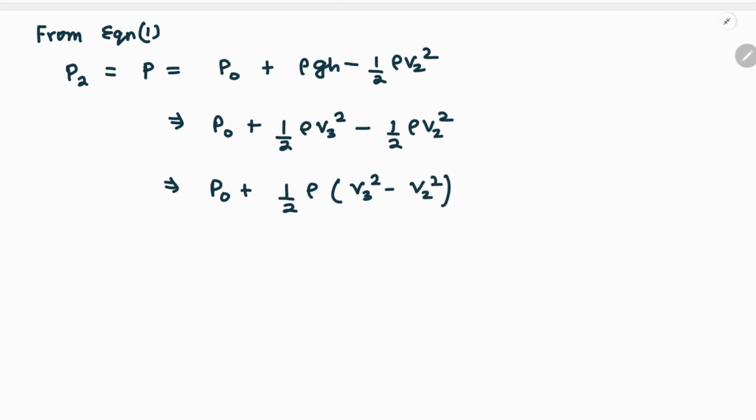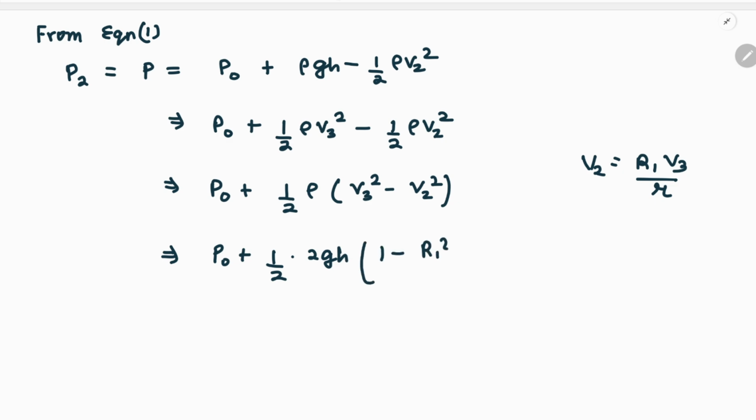Now if we solve this expression, then we can write over here v2 equals r1 v3 by r, and if we do the necessary substitution, we can write it as P0 plus half rho v3 square, taken common, times 1 minus r1 square by r square.